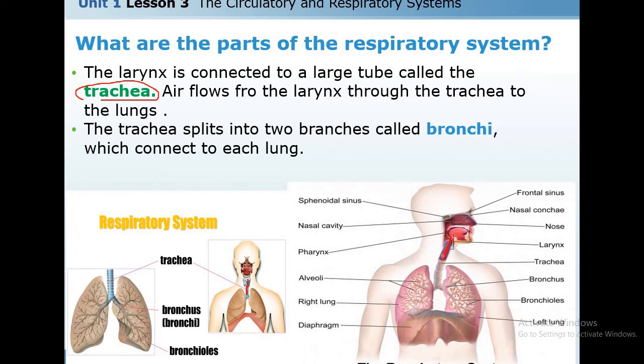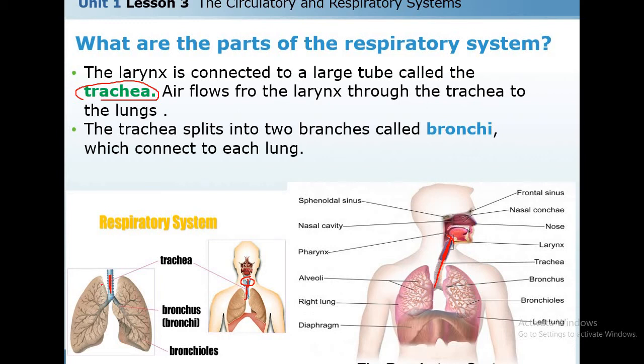Air flows from the larynx through the trachea to the lung. This one is the trachea, and this small one is the larynx. So air passes from the larynx through the trachea and then to the lung.